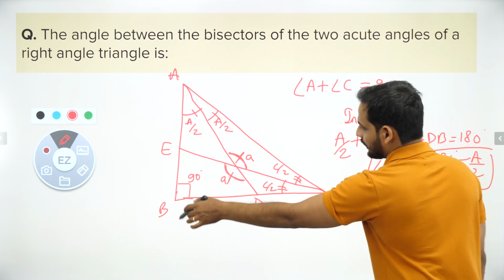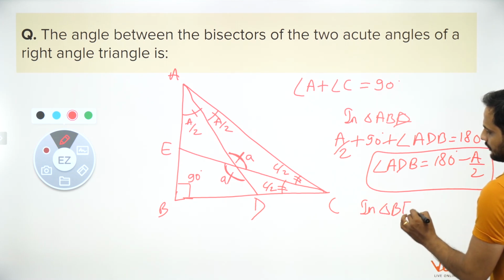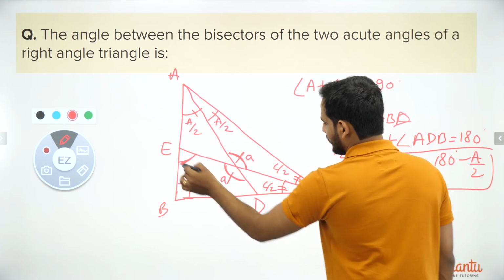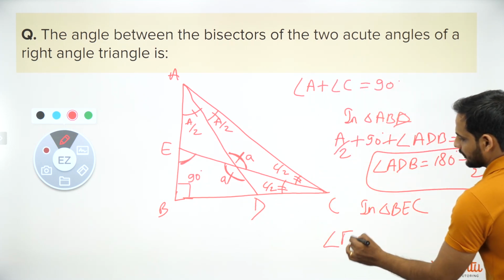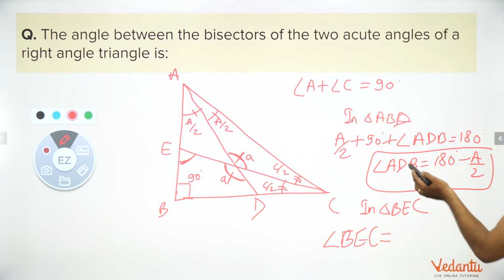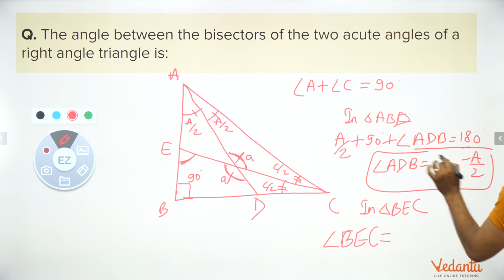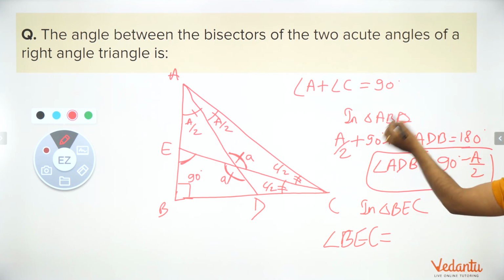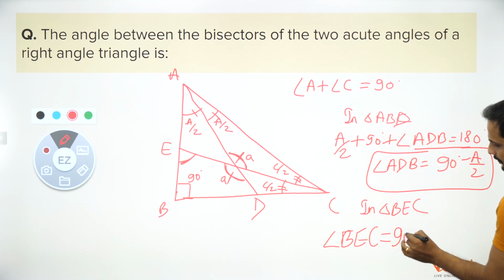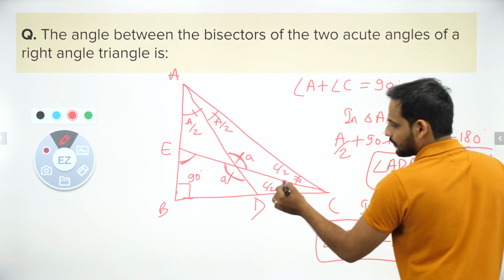Similarly, now take the triangle BEC. In this triangle, using the angle sum property, angle BEC will be equal to, not 180 minus A by 2, it will be 90 minus C by 2, because 180 minus 90 is 90, and this C by 2 is already here.